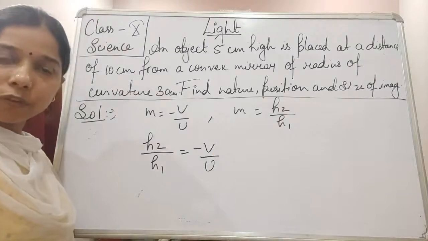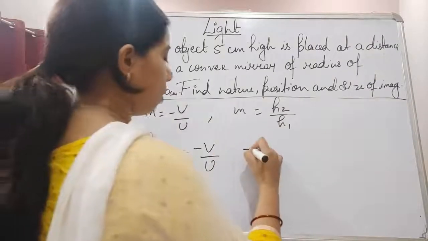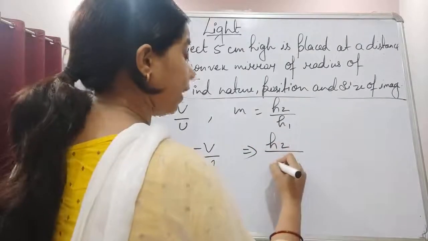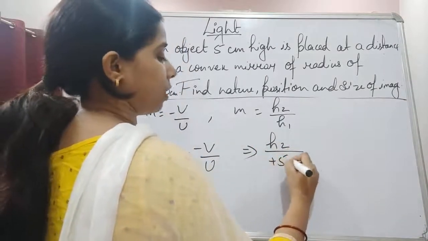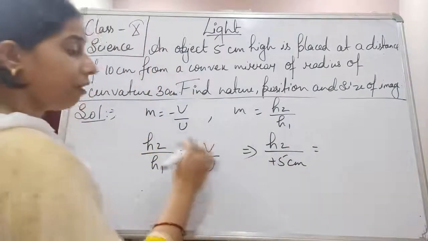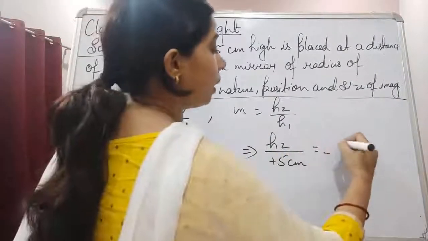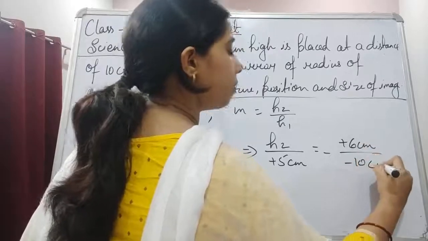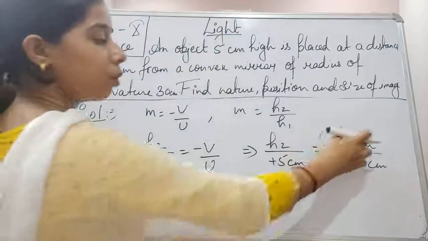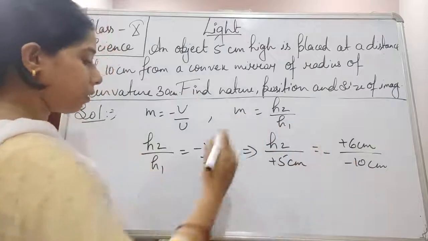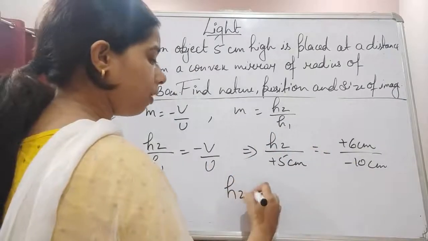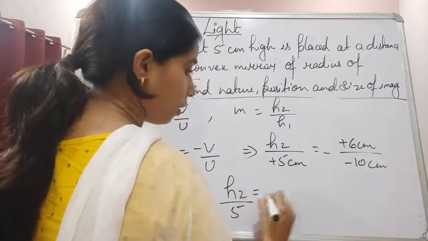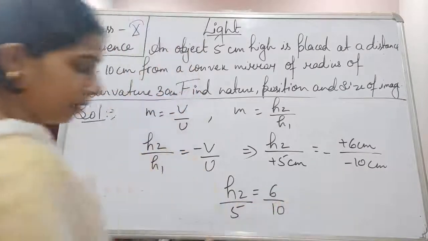Let us see. H2 we have to find, H1 is given, that is plus 5 centimeter, is equals to minus v, which is plus 6 centimeter, upon minus 10 centimeter. Obviously this minus will become plus.